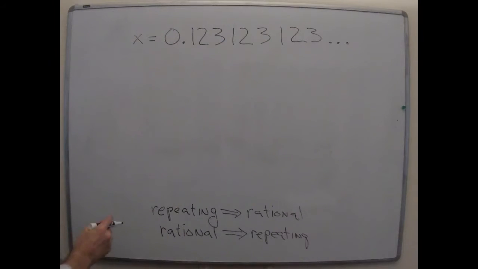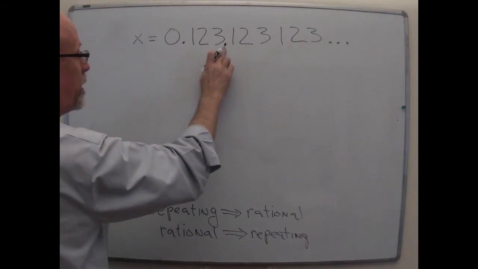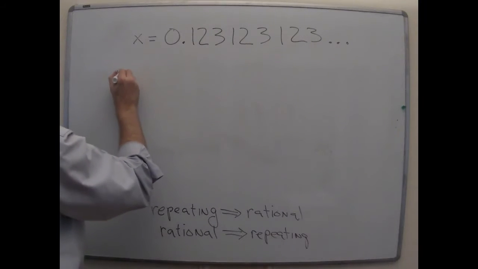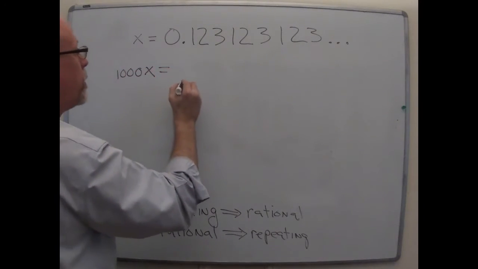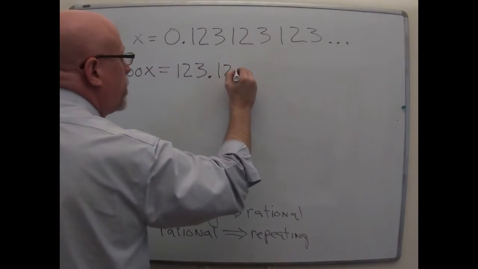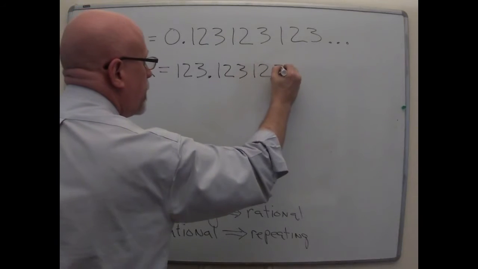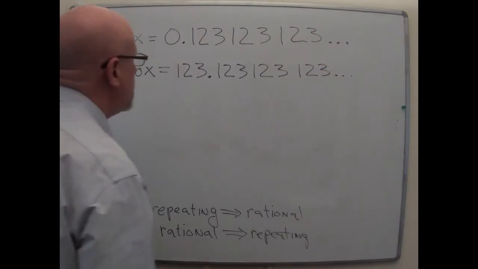I'm going to multiply x by 1,000 because the repeating thing is 3 digits long. So what is 1,000 times x? Well, it is 123.123.123, and dot, dot, dot.